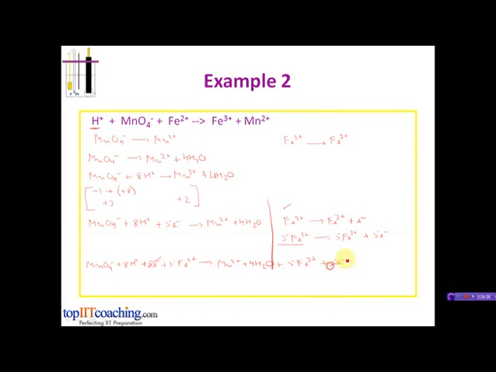These 5 electrons will get cancelled. Since there are no other common species to be cancelled any further, our final equation will be MnO4 minus plus 8H plus plus 5 Fe2 plus will give Mn2 plus 4H2O plus 5 Fe3 plus. This is our final balanced chemical equation.